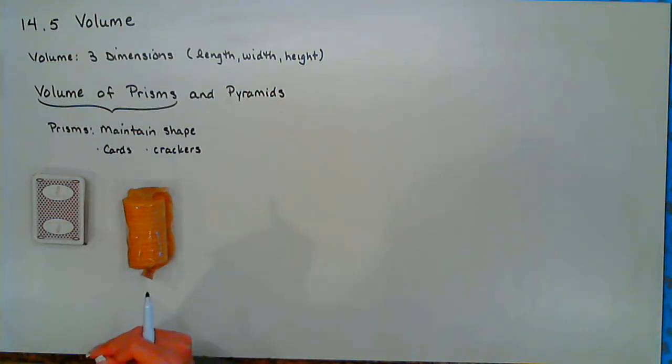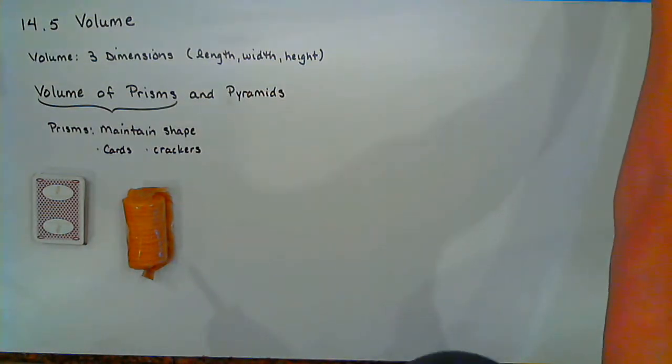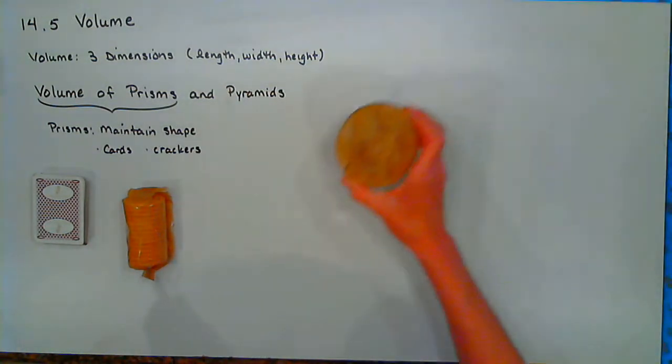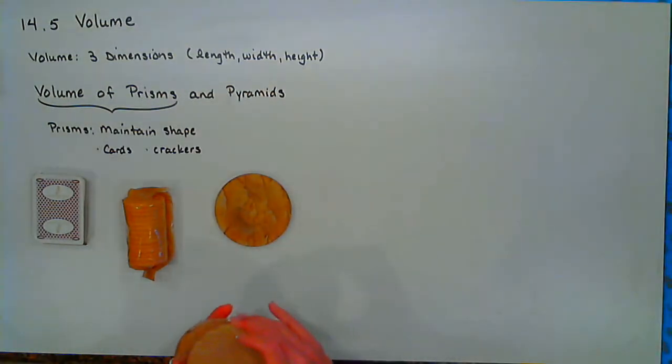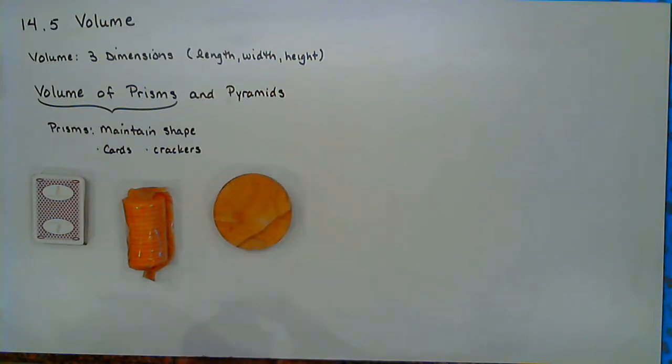What else? Similar type thing. I grabbed a coaster. And then a second coaster of the same shape. A third coaster of the same shape. So when you look at them from above, all you see are a lot of circles.